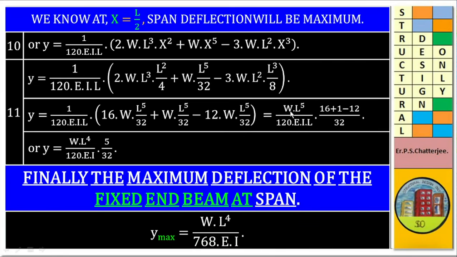So y is equal to W L to the power 5 by 120 EI into 5 by 32. Finally, we have maximum deflection at mid span, Y max, is equal to W L to the power 4 divided by 768 EI.